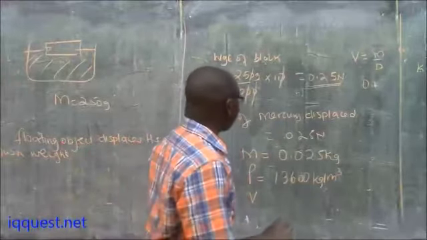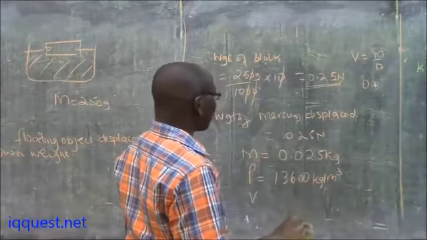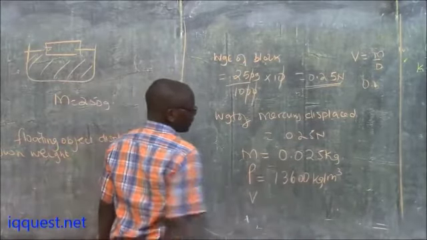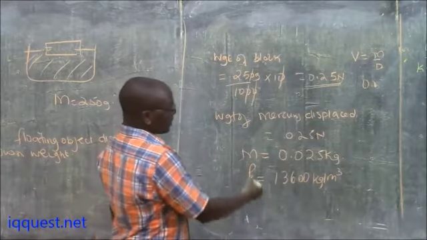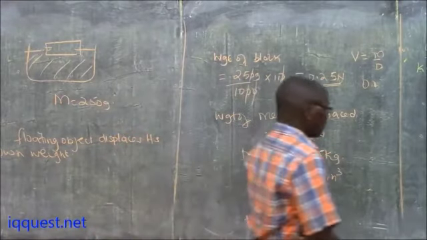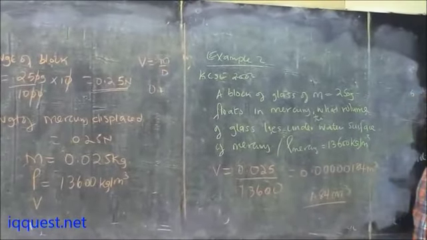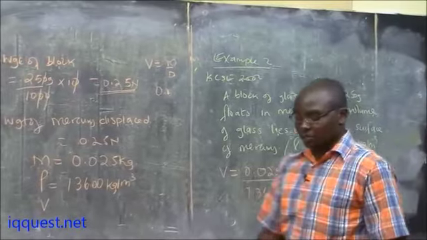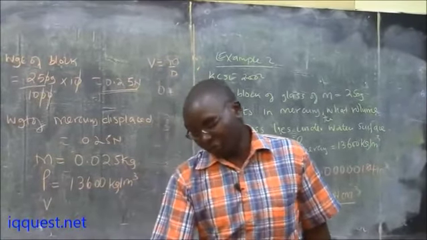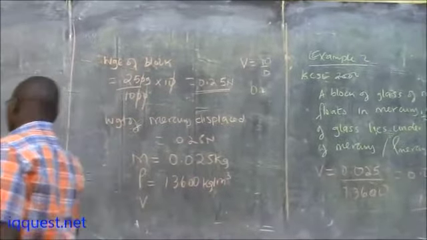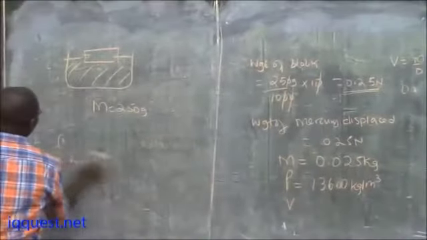And after getting the weight of the mercury displaced, we can get the mass by dividing by 10. And after getting the mass and the density, we can get the volume, to get 1.84 centimeter cubic. So that is the volume of the glass block below the mercury.